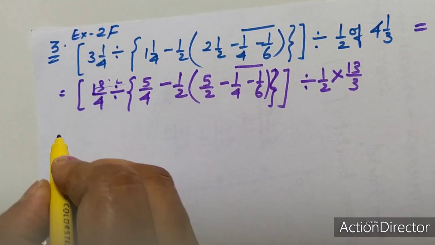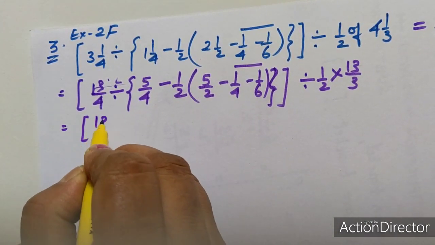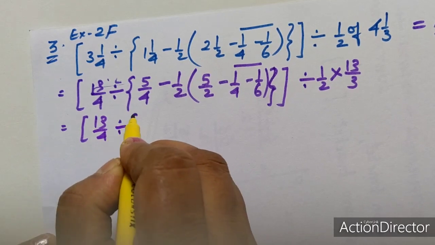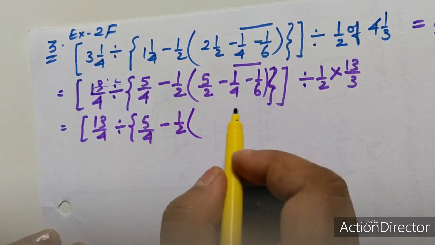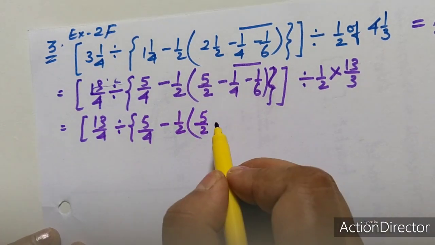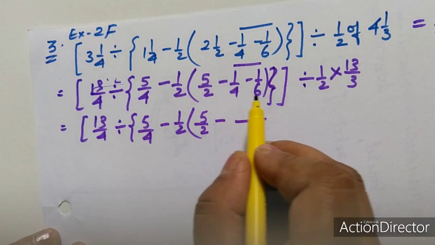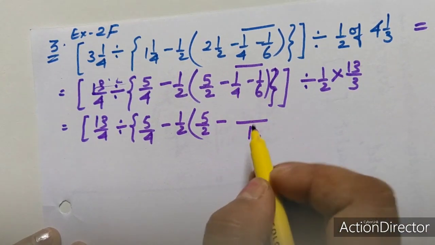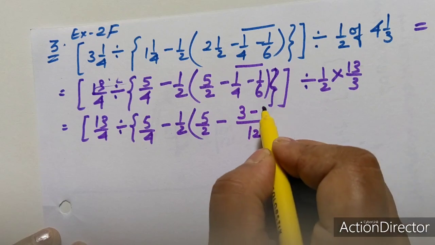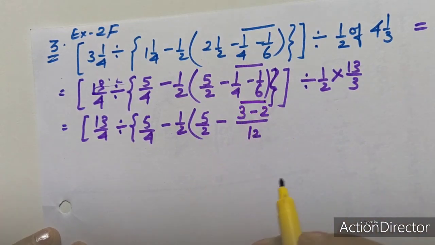Now see, we have to solve this one. First the bar, the rest we copy down as it is. So again it is 13 by 4 divided by curly bracket 5 by 4 minus 1 by 2 common bracket 5 by 2 as it is, minus, we have to take the LCM of 4 and 6. The LCM of 4 and 6 will be 12. Here 4 3s are 12 and 6 2s are 12, this one, and you are using the bar.